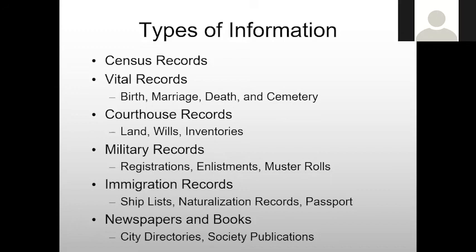That's where that family Bible comes into play. Courthouse records. We like to go to the courthouse to find land records. Land records are going to tell you when your family members moved into an area and when they sold their land to move to a different area. So it's important once you find a census record, when did they actually arrive, especially if they are moving westward. You want to look at those land records.